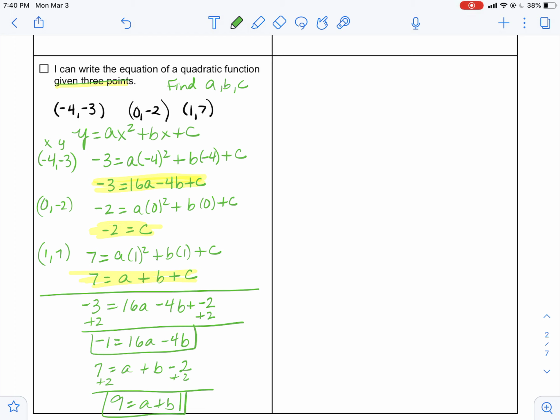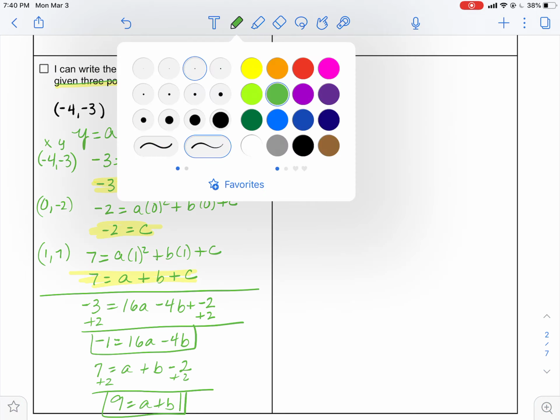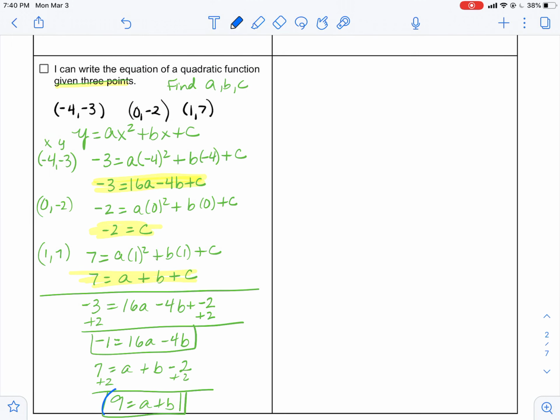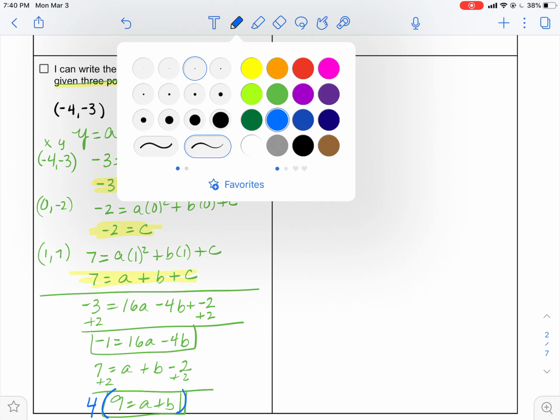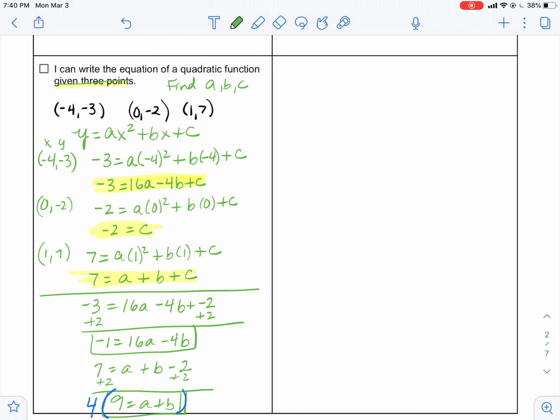Now, I'm going to do a system, and I'm going to put those two together and eliminate. So I think the easiest thing to do would be to take this equation and multiply it by 4, okay, because that'll give me 4b. I already have a negative 4b, and those will eliminate. Okay, so I have negative 1 equals 16a minus 4b.